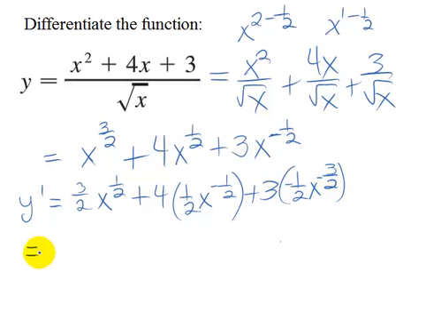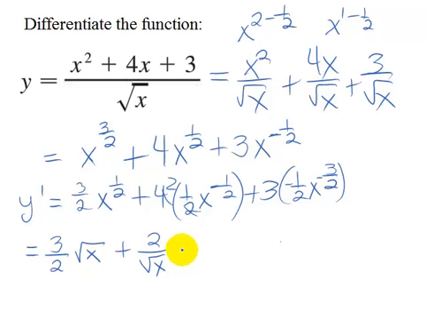Okay, let's see what we can do to simplify this, and we're going to put it back in radical form. So this is 3 halves square root of x. Next one is plus 2 over square root of x, because there's a minus right here. So we would move that down and then express it in radical form.